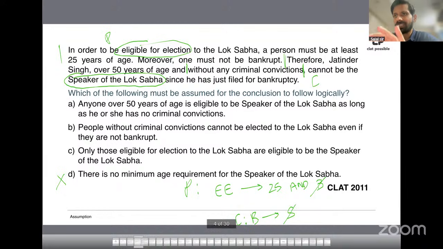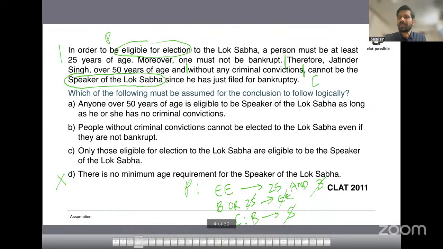Because this is a conditional set of statements, and we covered conditional when we were doing the previous edition. So in conditional, when we take the contrapositive, it will become something like this: bankrupt or not 25, not eligible for election, right?